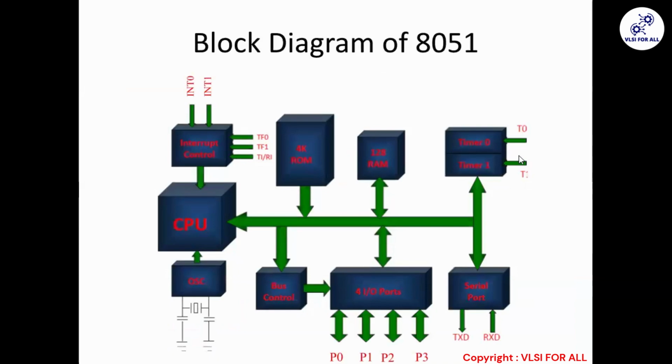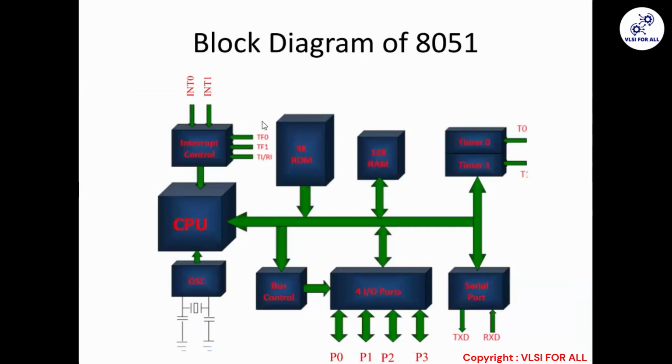Is this block diagram okay? Did you understand what I am trying to tell through this block diagram? All these things are on one chip. What is outside? These pins are coming outside: Int 0, Int 1, T0, T1, TXD, RXD, port pins, oscillator pins. These pins come out of that IC or chip. IC and chip are the same thing.